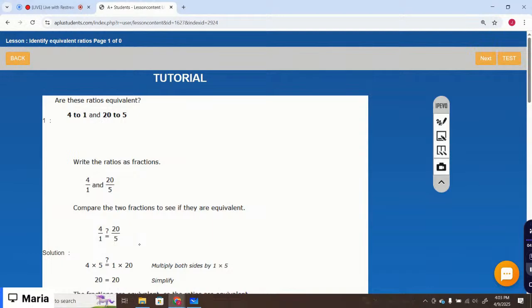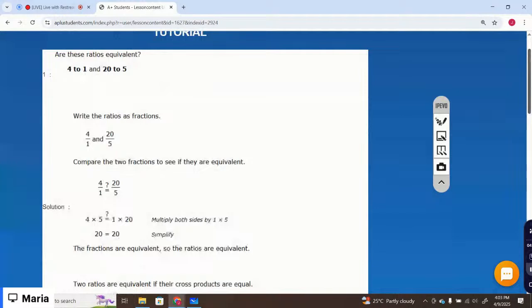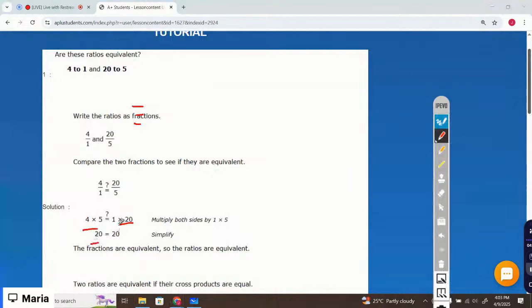So let's write them in the fractional form, that is 4 over 1 equals 20 over 5. Let's cross multiply. You have to do 4 times 5 and 20 times 1. So 4 times 5 is 20 and 20 times 1 is 20. So the fractions are equivalent. The ratios are equivalent.